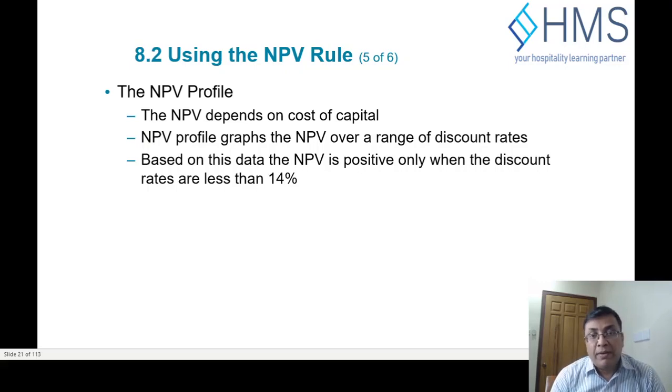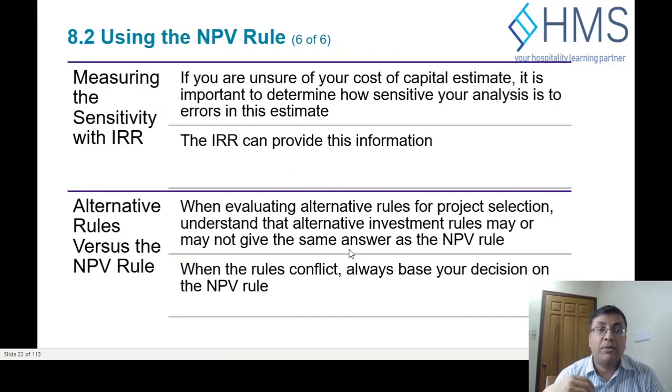Usually, when we are thinking of projects, we have to think about sensitivity, since we are not 100% sure of the cost of capital. The cost of capital will again depend on the risk involved, depend on the country, depend on the return that is expected by the shareholders, and the risk inside the project itself.